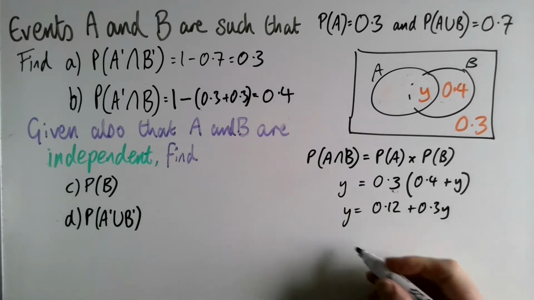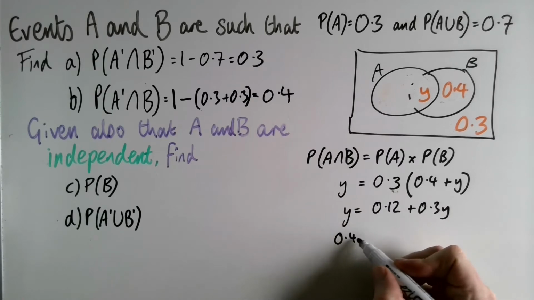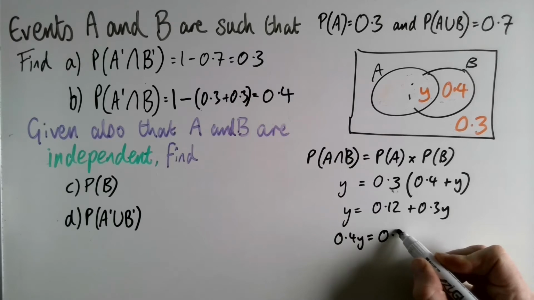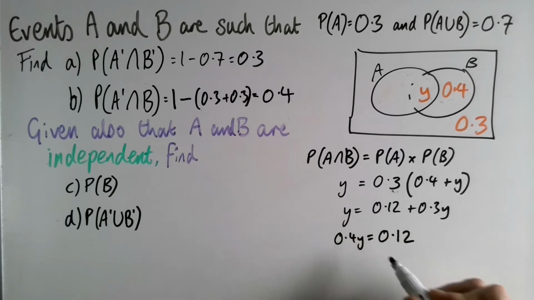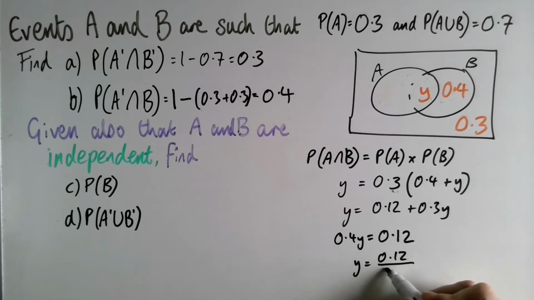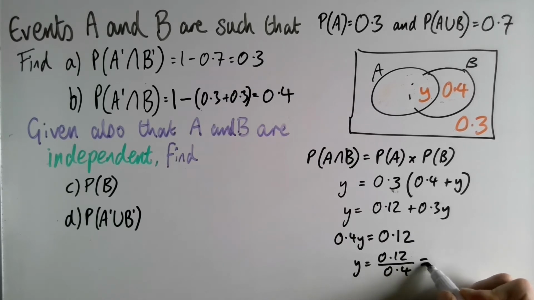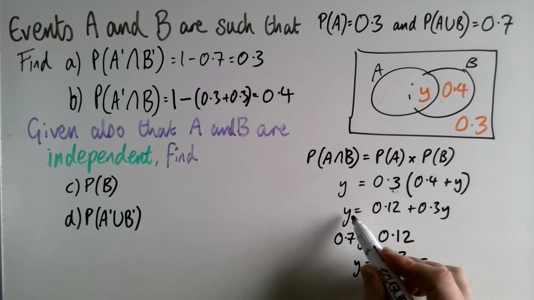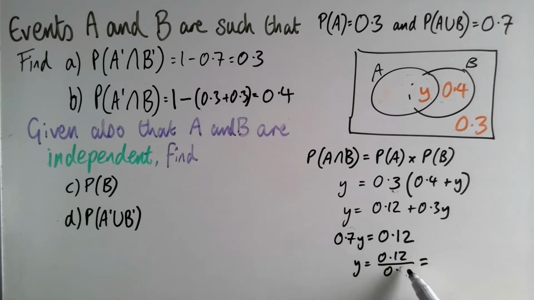Take 0.3y away, I get 0.7y equals 0.12. So y must be 0.12 over 0.7.